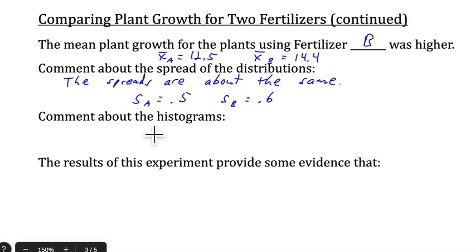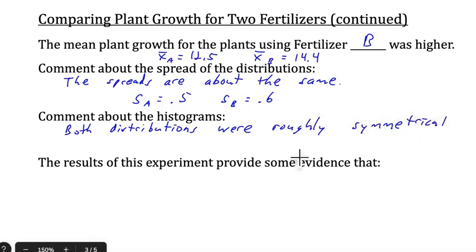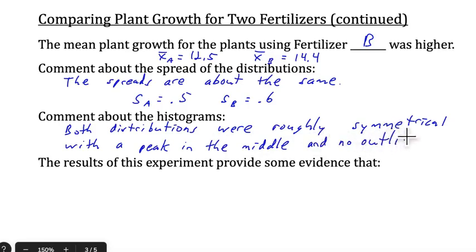Now for the histograms, we could say both distributions were roughly symmetrical, with a peak in the middle, and no outliers. Those are the unusual values.